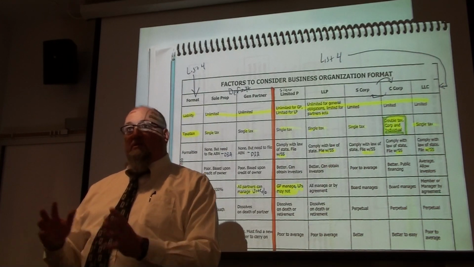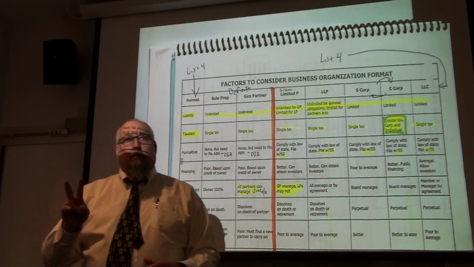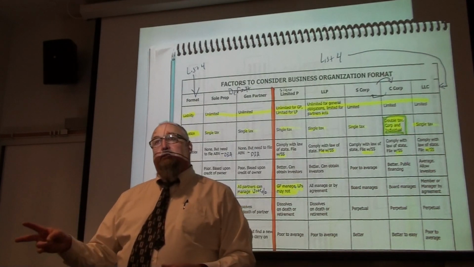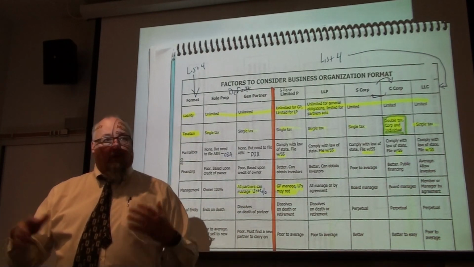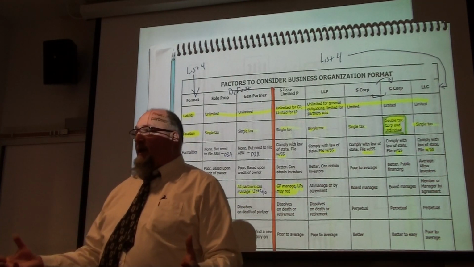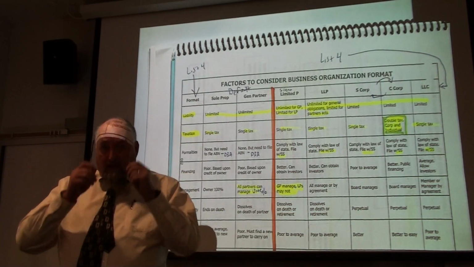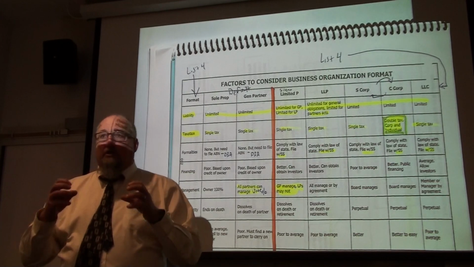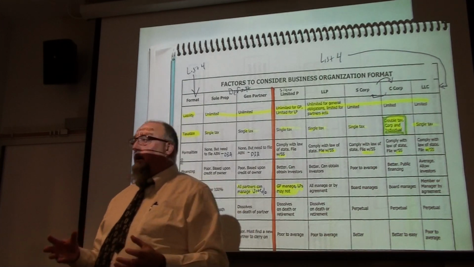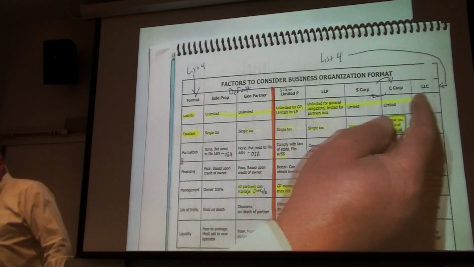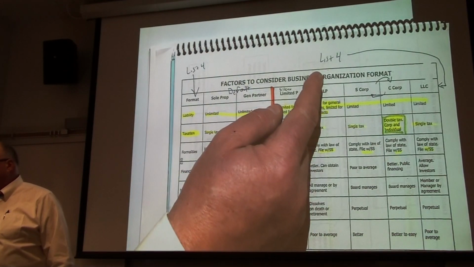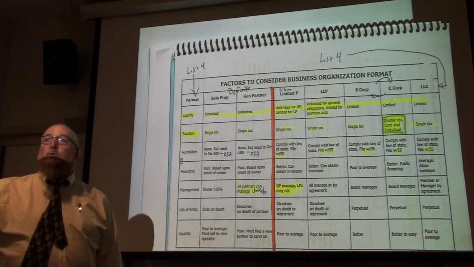General partnership is the default for two or more people. So if two or more people are engaged in a business activity, they're working together, they're jointly using assets that they co-own, or any way that they're working together, a general partnership is automatically created by law unless you're organized as one of these other entities. So it's the default for two or more people.